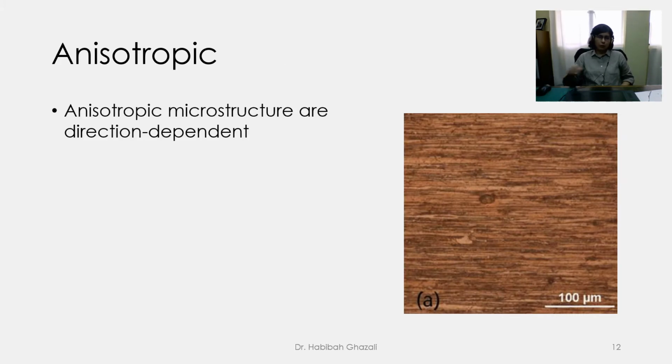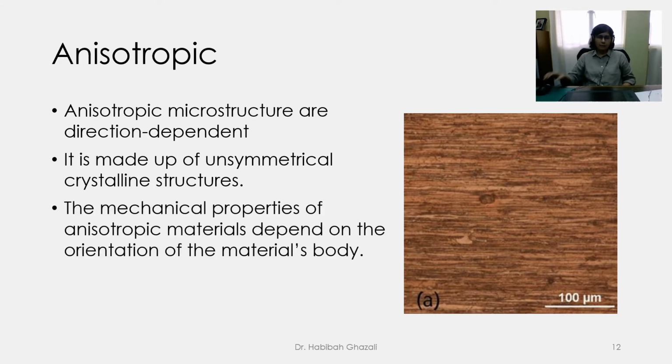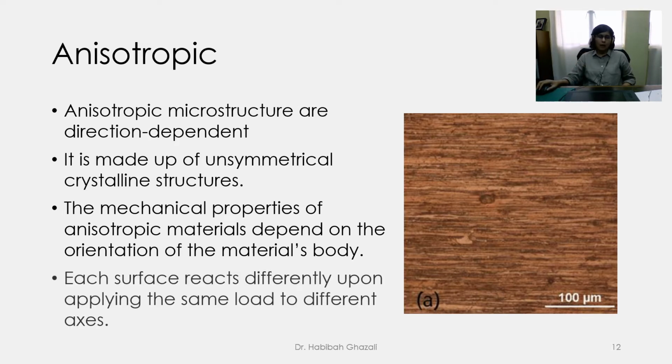Anisotropic materials or anisotropic microstructure is direction dependent. So it is made of unsymmetrical crystalline structure, and the mechanical properties due to this anisotropic behavior depend on the orientation of the material's body.